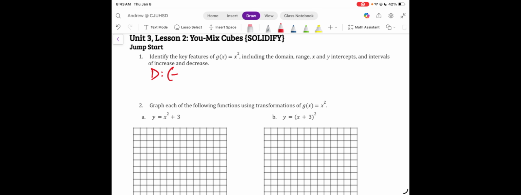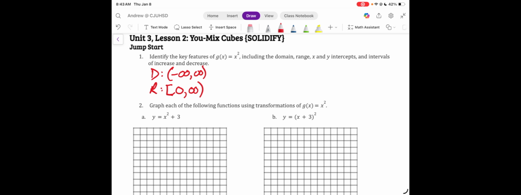There's no number that you can't square. The range, on the normal, we would call this the parent function, x squared. So in other words, there's no transformations. That would go from 0 with a hard bracket, so we're going to include 0, to positive infinity.